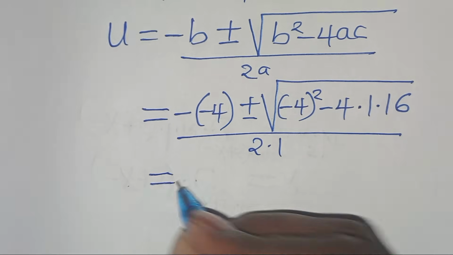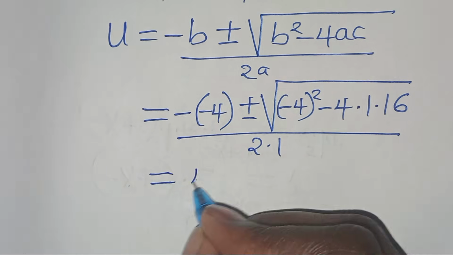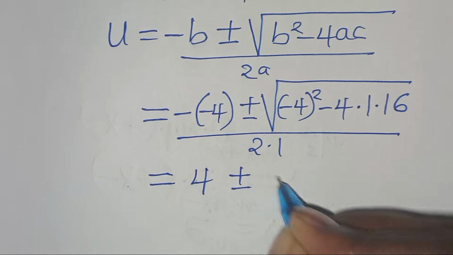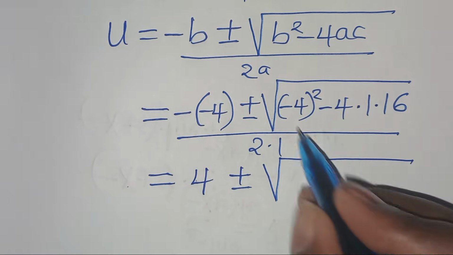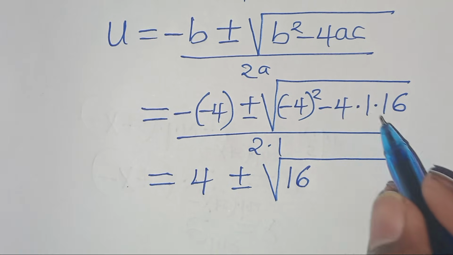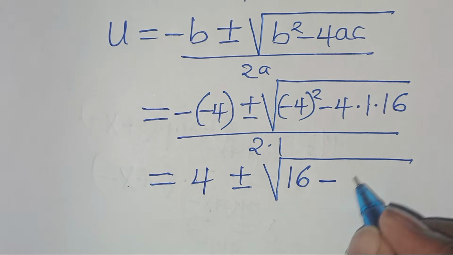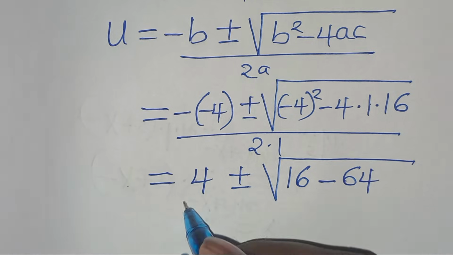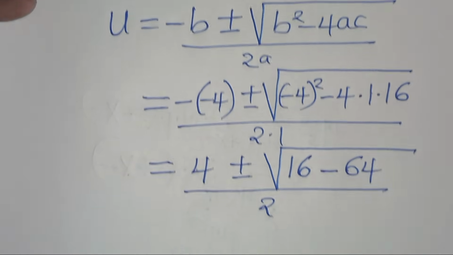Now this means that we have minus times minus 4, this is 4, plus or minus the square root of negative 4 squared, which is 16, and negative 4 times 1 times 16, this is minus 64, divided by 2.